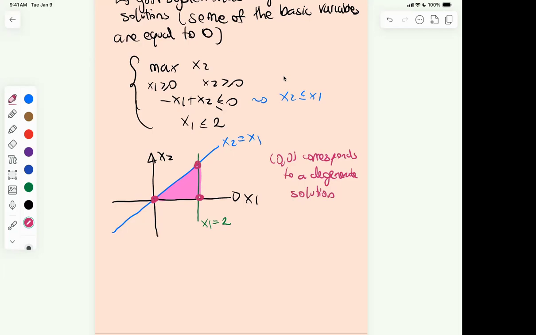Okay, well, that was just a detour that tells you geometrically where the degeneracy comes in here. So now I'm going to show you how that reflects in the simplex method.